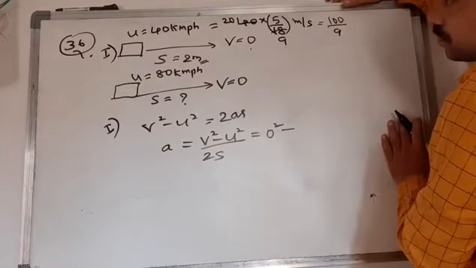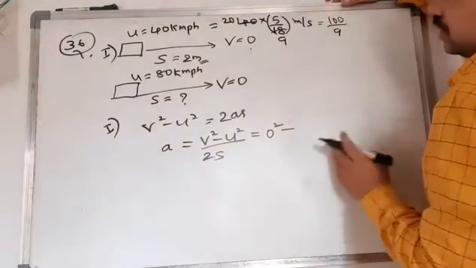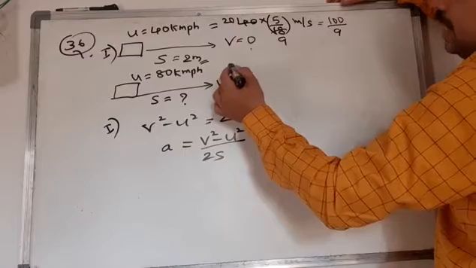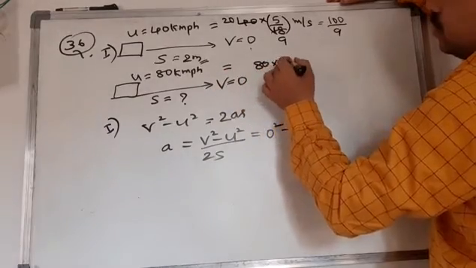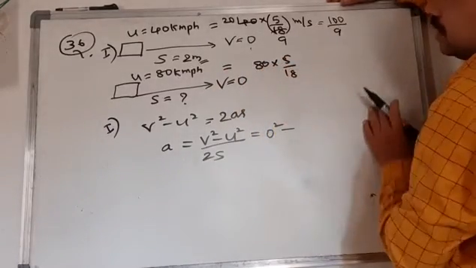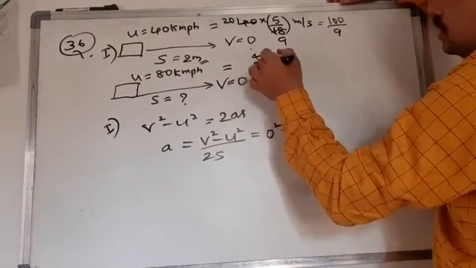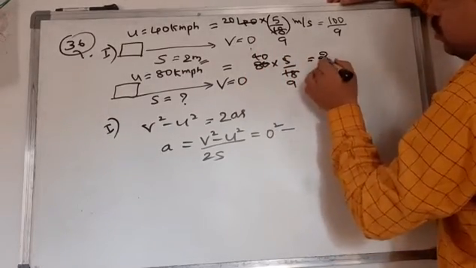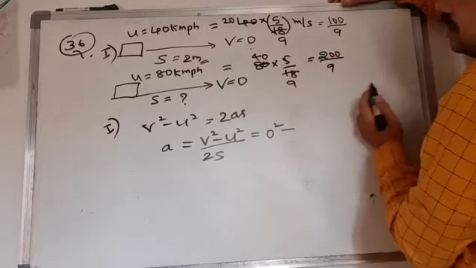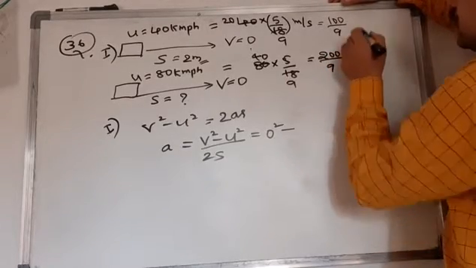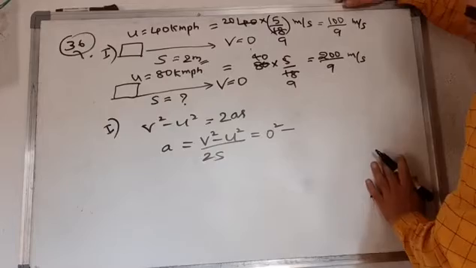Okay. Next, here 80 km per hour means 80 into 5 by 18. 2 9s are 18, 2 40s are 80, that is nothing but 200 by 9 meters per second you will get.